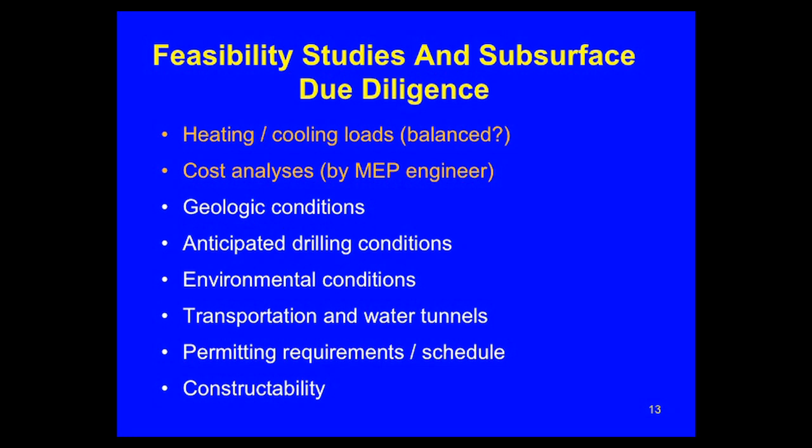And I have this color-coded, so the first two are basically the realm of the mechanical engineers. The mechanical engineers have to determine what the heating and cooling loads are and whether or not they're balanced. So what do I mean by balance? That's a very important component of these geothermal systems. By balanced, I mean, are your heating load and your cooling load about the same? If there's a drastic difference between the heating and the cooling load, you cannot use a geothermal system.